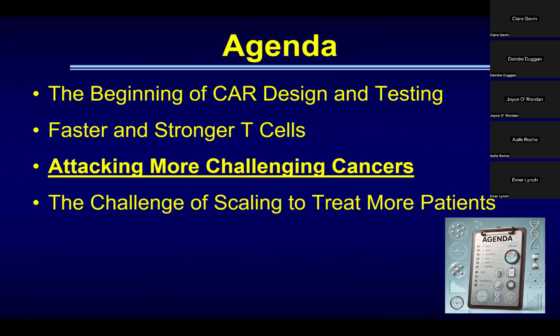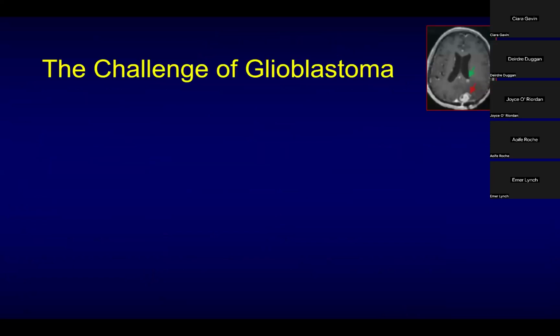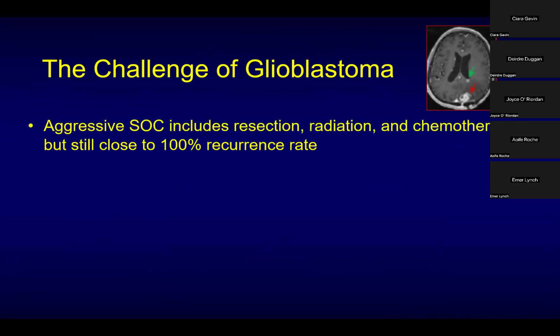So now I'd like to move to attacking more challenging cancers, using glioblastoma as an example. Now, glioblastoma: aggressive standard of care includes resection, radiation, and chemotherapy, but there is essentially a 100% recurrence rate.